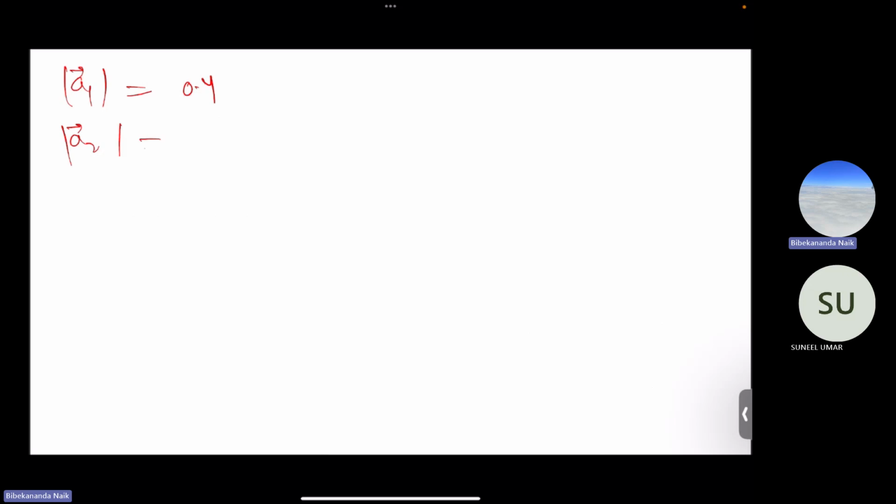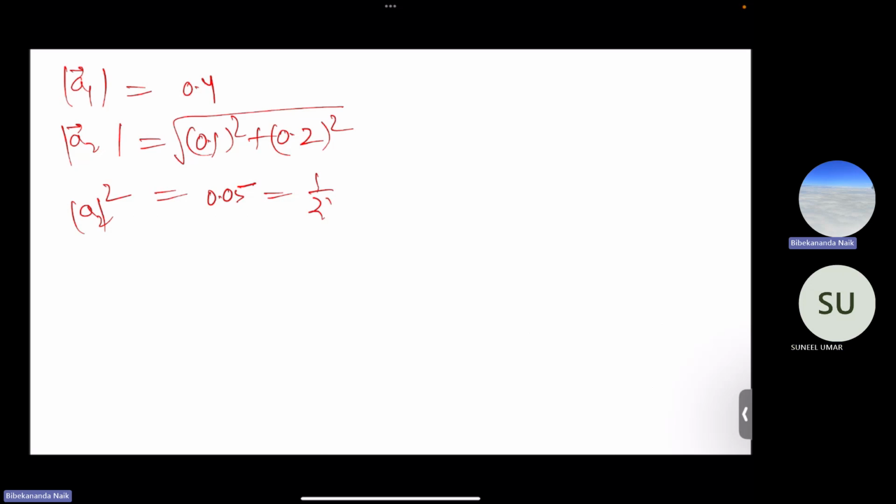A2 vector mod is the square root of 0.1 squared plus 0.2 squared, so A2 vector mod square will be 0.05, which is 1 by 20.